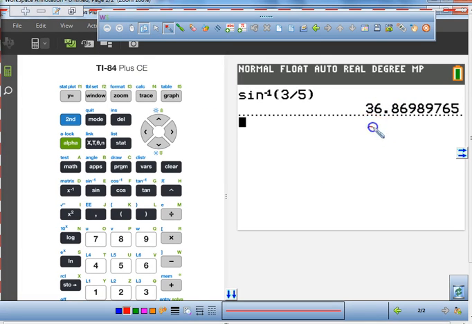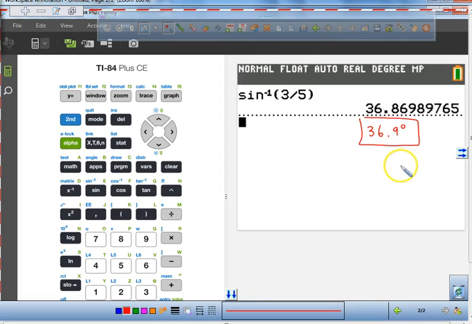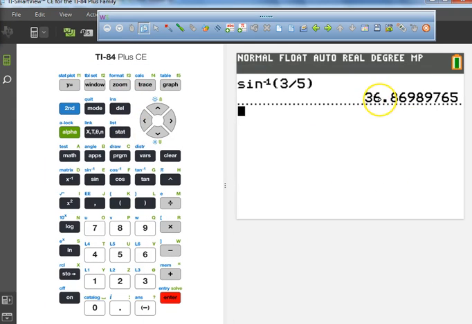What does that mean? 36.9 degrees. Did anybody not get 36.9? I'm glad, because here's the next thing you're going to put in your journal. For those of you who did not get this, hit the mode button.